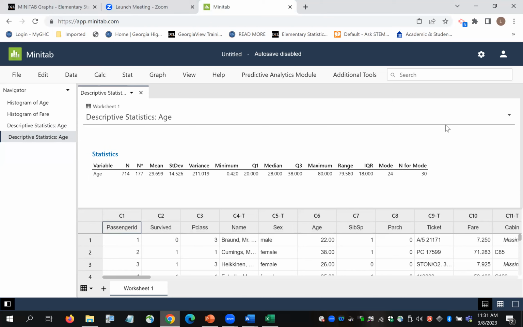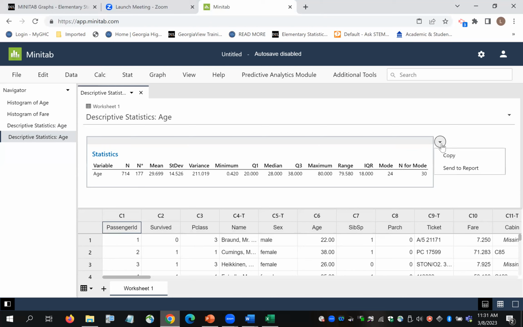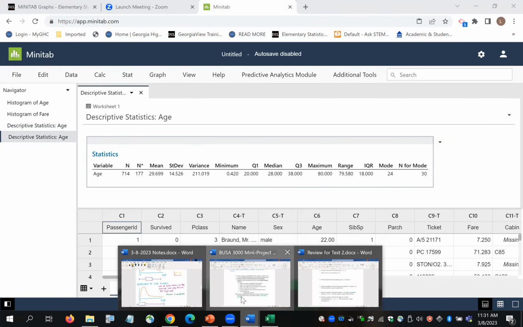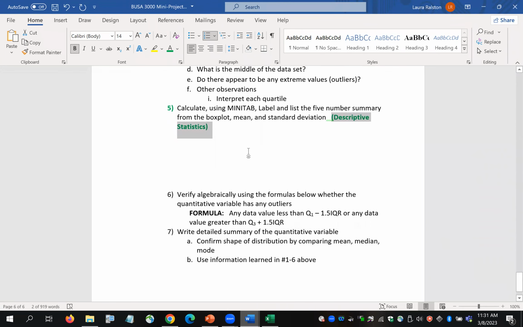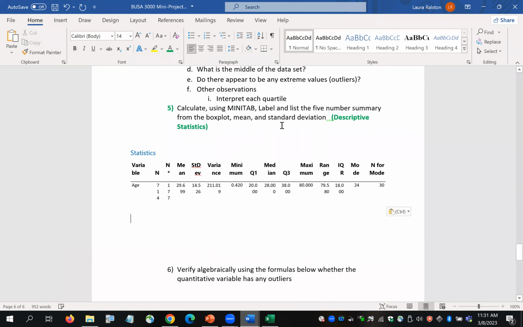Okay, so I'm going to copy this over to my page so we can talk about it just a minute. I'm going to put this right here. And let's see if I can make it spread out some.